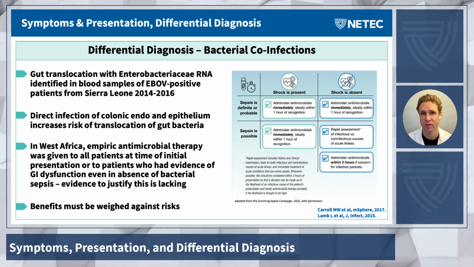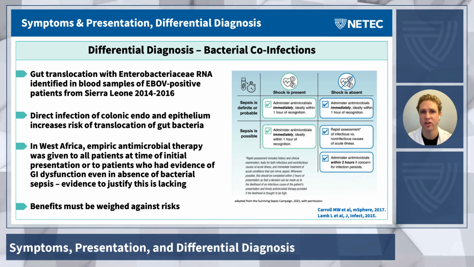And in terms of risks, I'm thinking here about allergic reactions that patients may have. I'm thinking about renal failure that may precipitate from the administration of antibiotics. We're thinking about possible Clostridioides difficile infections and the creation of further antimicrobial resistance.